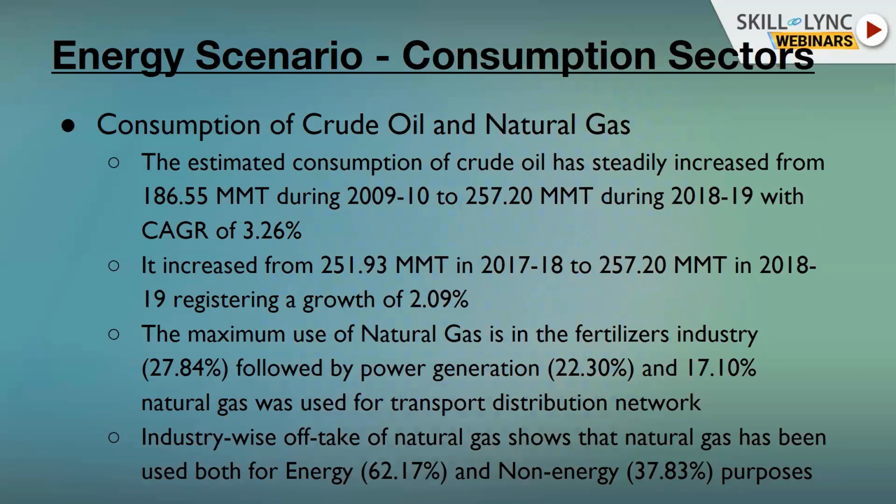And here you also see another thing, 251.93 million metric tons to 257 million metric tons, which gives a growth rate of 2.09%. What you want to note down is the usage and the growth rate here, 2.09 and 3.26. So this is about crude oil.